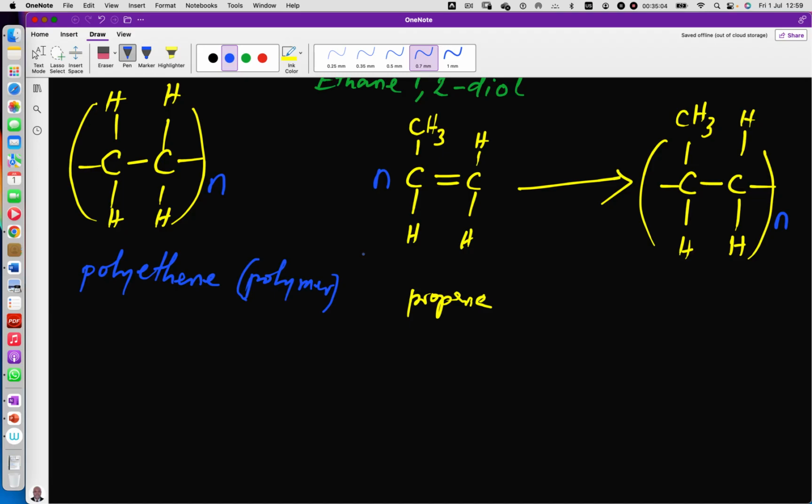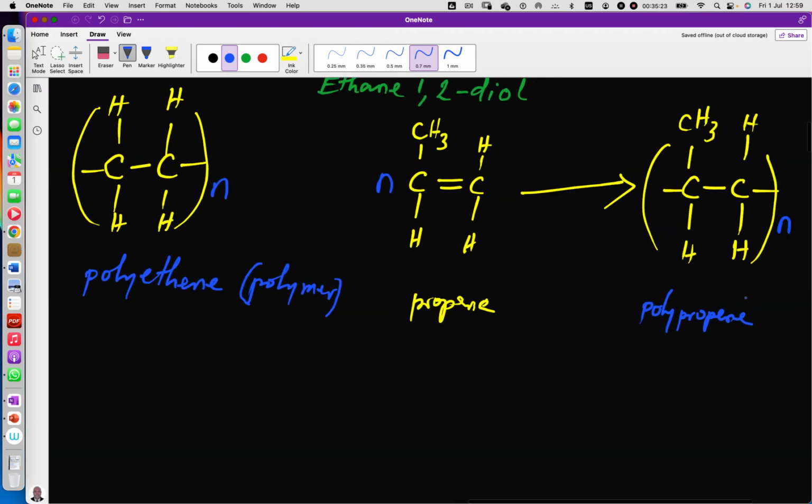Since it is an addition reaction, we call this polypropene, which is still a polymer.